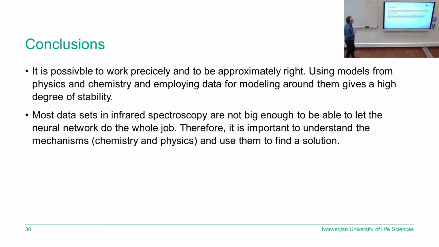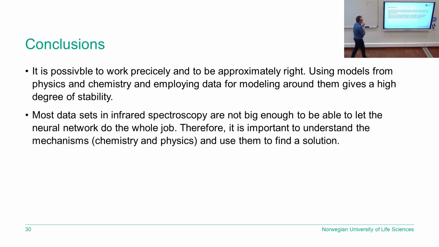Okay, so then I thought, in reply to Harald, it's possible to work precisely and be approximately right, using models from physics and chemistry, and using data. You saw I wrote this last minute. What I want to say is that using data models around these stable models gives a very high degree of stability.